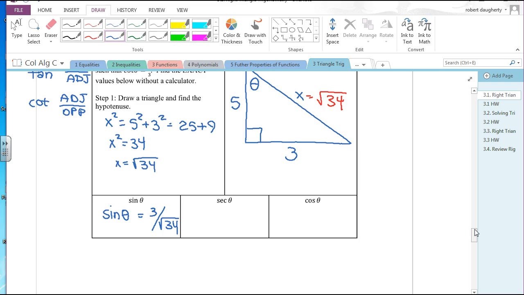What's the definition of cosine? Adjacent over hypotenuse. So the cosine of this angle is what? Yeah, 5 over root 34. Okay. The secant is the reciprocal of what? Cosine. So if this is the cosine, what's the secant?